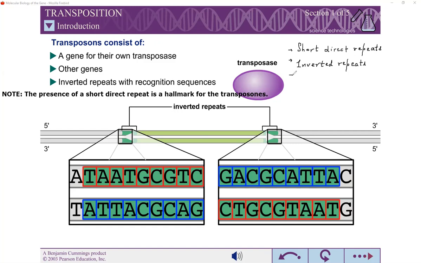As these are inverted repeats, they will be recognized by restriction endonuclease, can be effectively cleaved, and aid in transposition. Please note down all the points along with me.